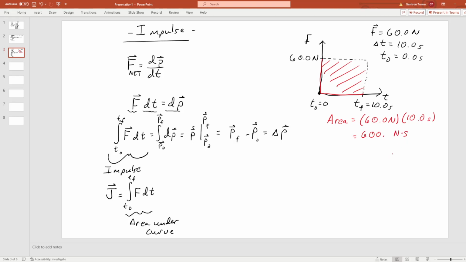600 newton seconds. But now newton seconds, if I break newtons down into its base units, kilograms times meters per second squared times seconds, this becomes kilograms times meters per second.